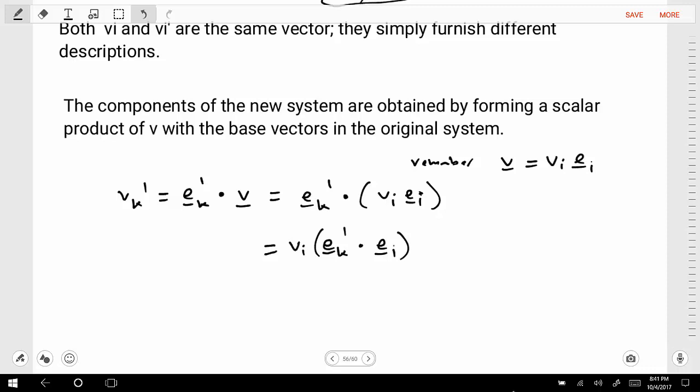Now, if we go back and remember our relationships of A with the e_k prime of the new base vectors and the e_i of our original base vectors, we can replace this product with our transformation tensor.